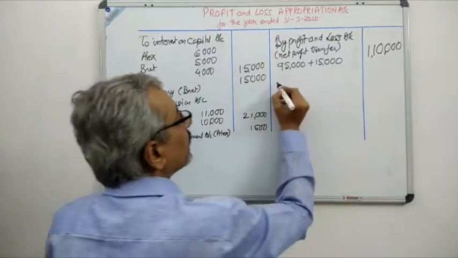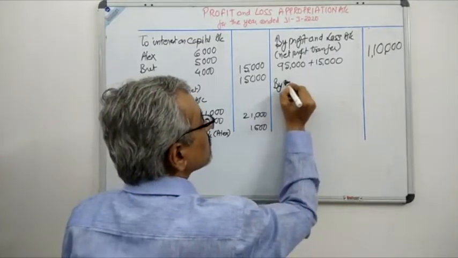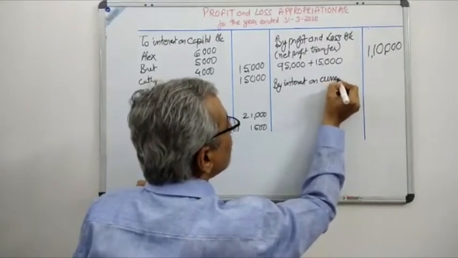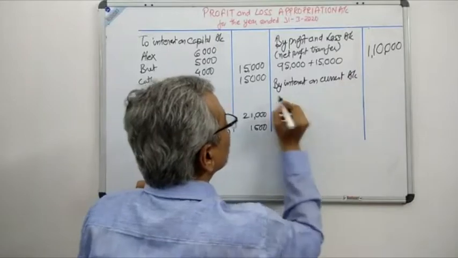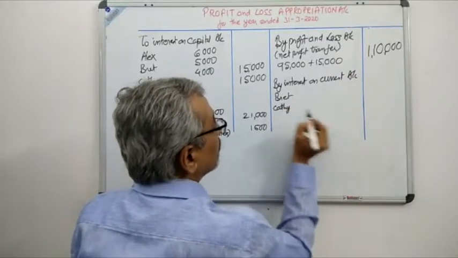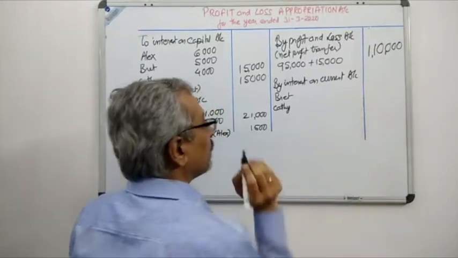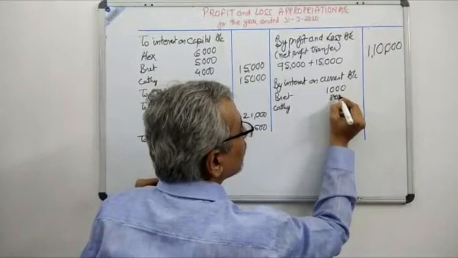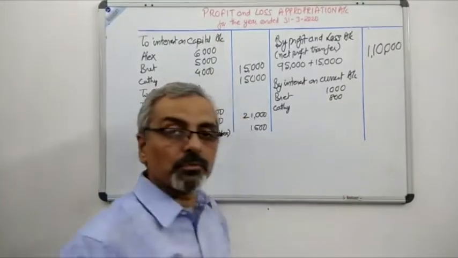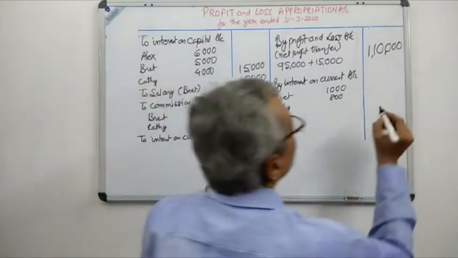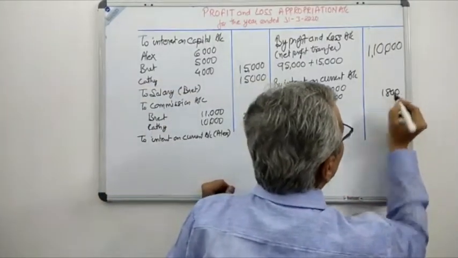Therefore, in the credit side, by interest on current account, Brett and Kathy, how much? Over here, you see very carefully, 1,800. Why? Because the commission was provided at 10% per annum. So therefore, the total comes to 1,800.